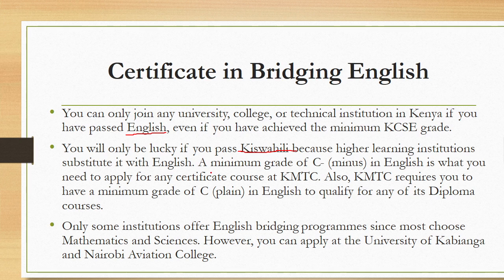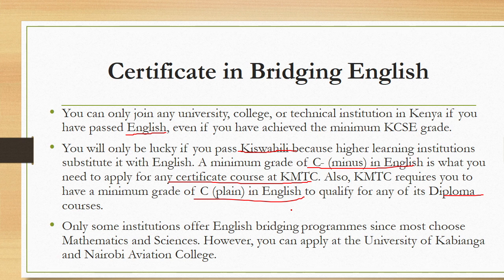So you need to have a minimum grade of C minus in English, right? That is what you need to apply for any certificate course at KMTC. You need to have a C plain in English for you to apply for any diploma course at KMTC. So you can see how this particular language is very, very important, right?